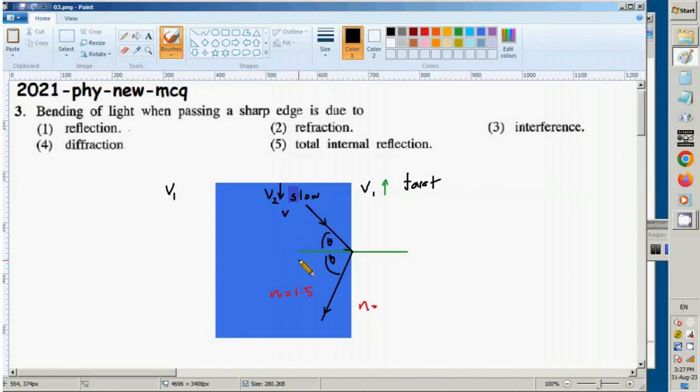So velocity equals, frequency equals, wavelength lambda equals, and also amplitude equals, because no light is leaving, penetrating totally, the light reflects. That is why we call it total internal reflection.